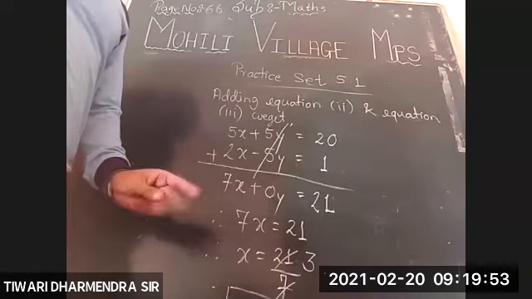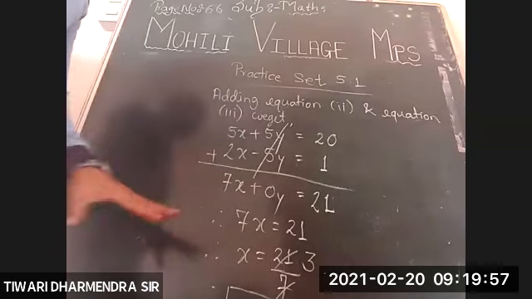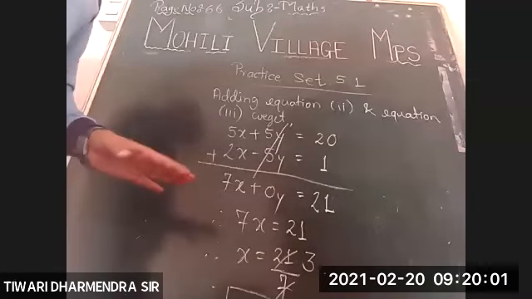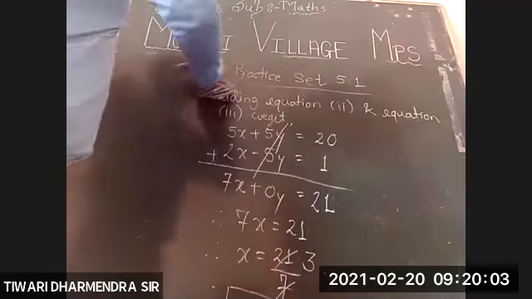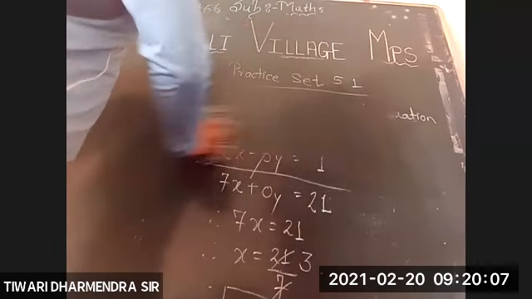Now, they are asking us to find a common solution for both the equations. We got the value of x. Now, how to get the value of y? You can select any of the equations, substitute and get the answer. So I'll be selecting equation number 1.